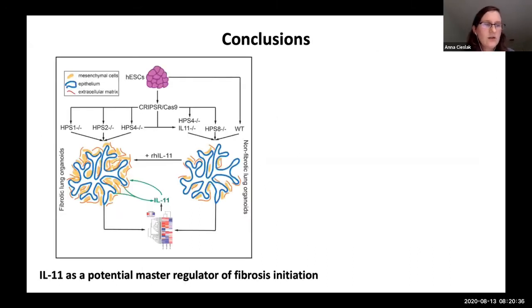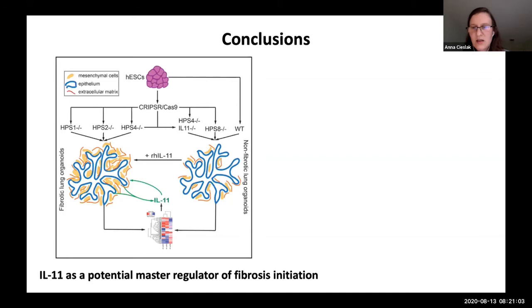So in conclusion, we successfully modeled pulmonary fibrosis in lung organoids generated from embryonic stem cells with mutations in HPS genes that strongly predispose to this disease. The second important point is that we demonstrated an essential role for interleukin 11 in the fibrotic process.